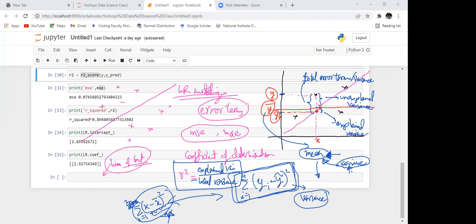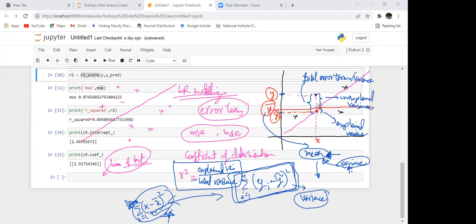So this difference has been named the total variance term, total error, okay? And with respect to this mean, how far is your true value? How far is your predicted value? That tells you about the unexplained and the explained variance. Okay? Fine up to this?